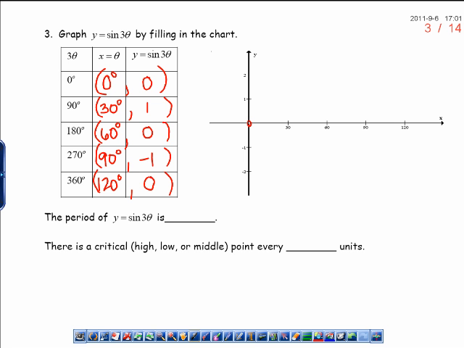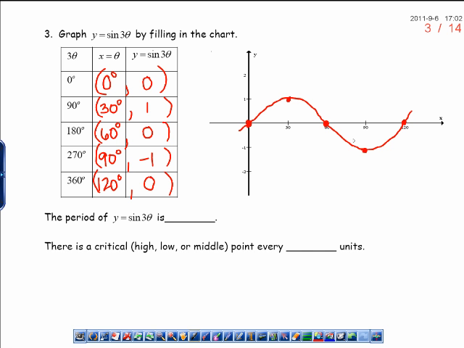So I have 0, 0; 30, 1; 60, 0; 90, negative 1; and 120, 0. And you can see that this amplitude is 1, like the parent function. Amplitude is what we did on examples 1 and 2: from the sinusoidal axis to the top or to the bottom is 1.